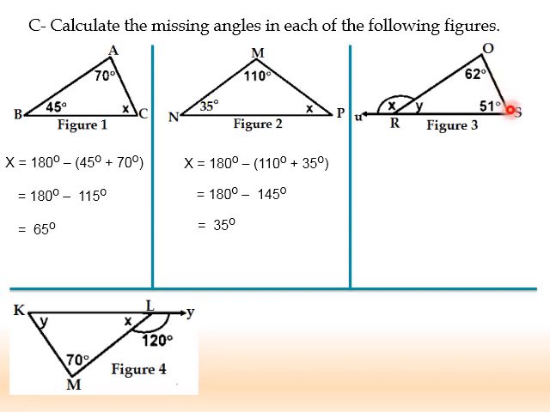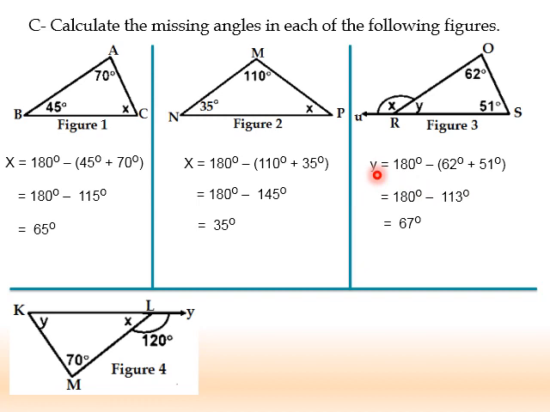ROS is a triangle, and the sum of angles in a triangle is 180. So Y plus 62 plus 51 is 180. So Y equals 180 minus (62 plus 51). The sum of 62 and 51 is 113. So 180 minus 113 equal to 67 degrees.